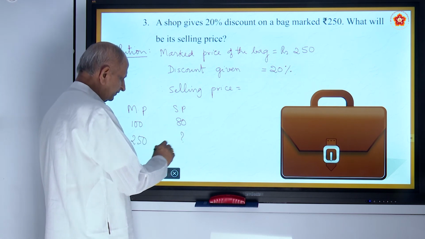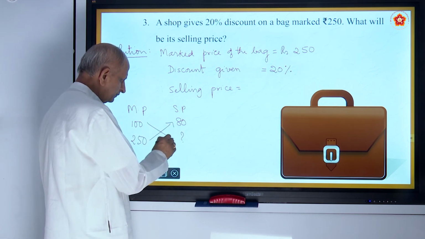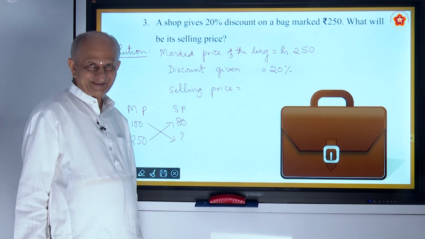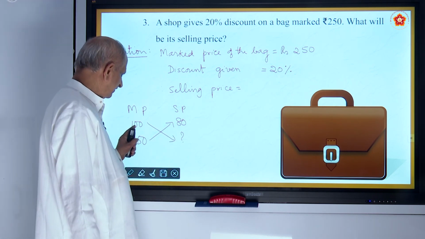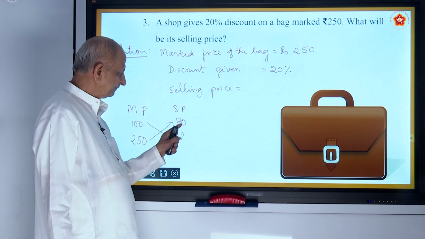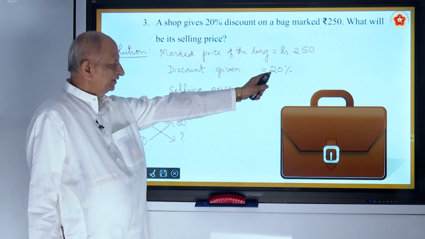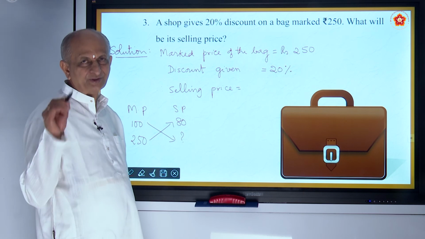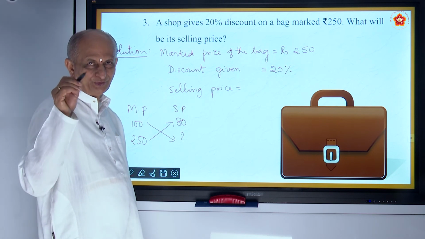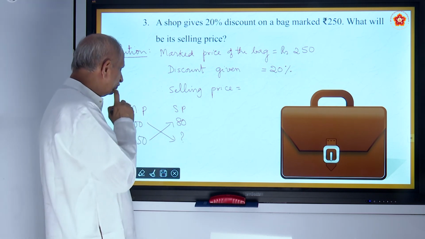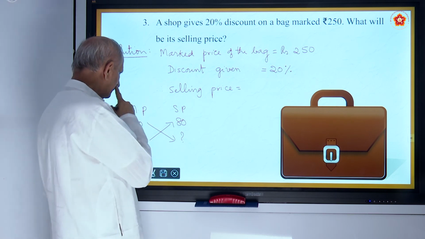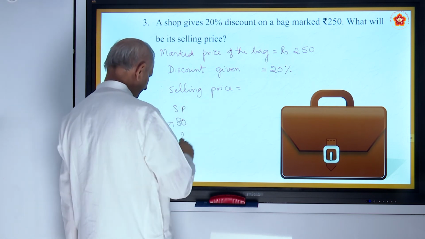Then what is the selling price they are asking? Correct? If 100 rupees is the market price, selling price is 80 rupees because of 20% discount. Discount means reduced price. So if 250 rupees is the market price, how much is the selling price?